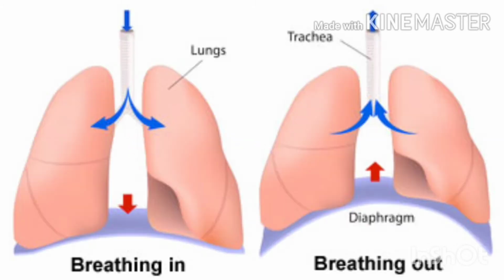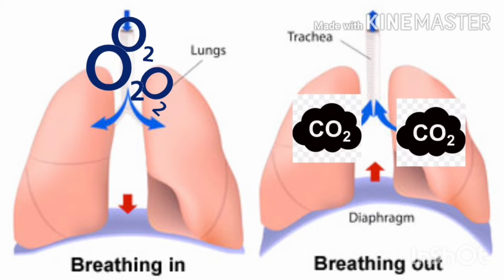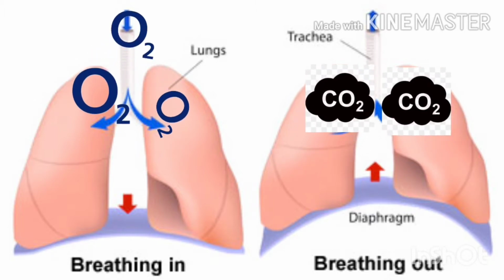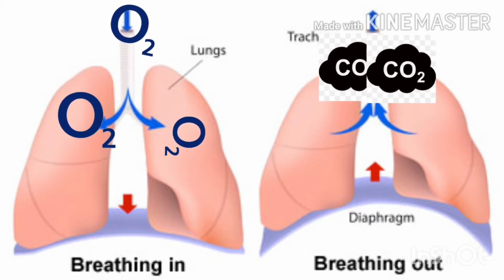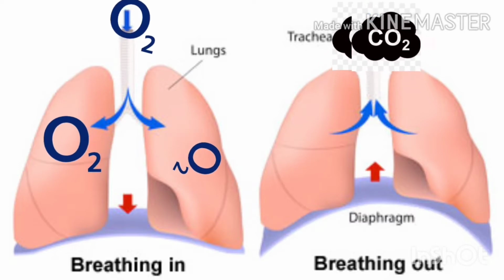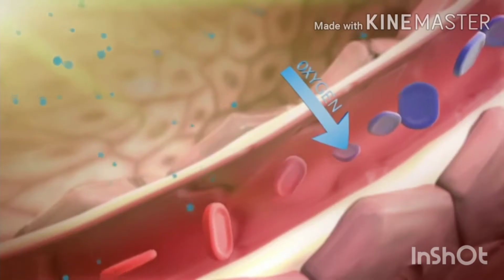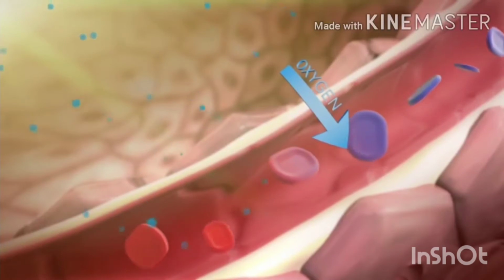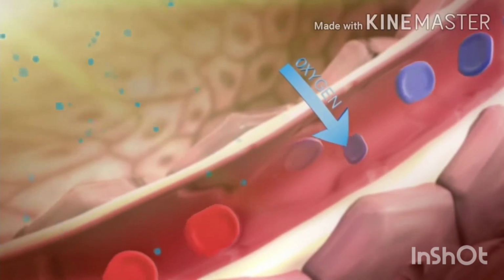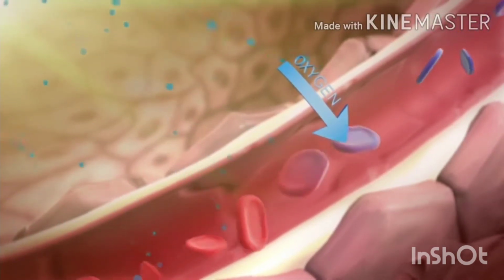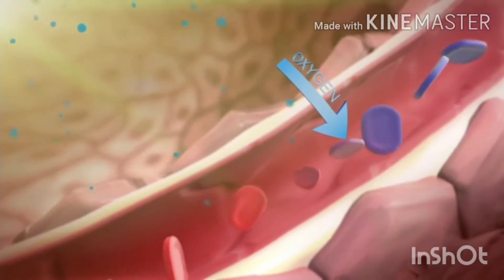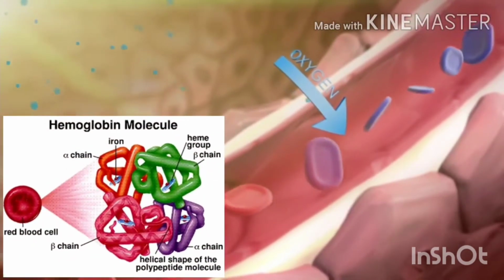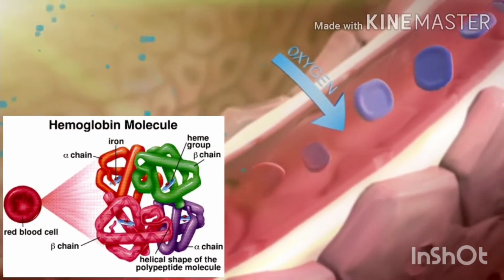What is oxygen saturation? Generally, we breathe every day, and we inhale oxygen and we exhale carbon dioxide. The oxygen which enters the lungs, from the lungs it enters the blood. In the blood, this oxygen is carried by the hemoglobin protein of RBC.